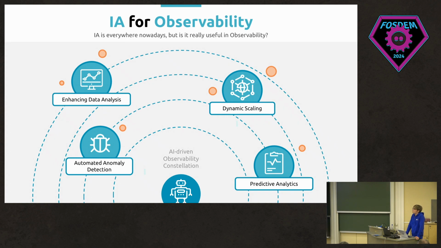For example, if we have more workloads than usual, we can automatically create new nodes or deploy new VMs in our cloud in order to provide more services to our customers. And finally, we can create predictive analytics in order to predict how our system is going to behave in the future.